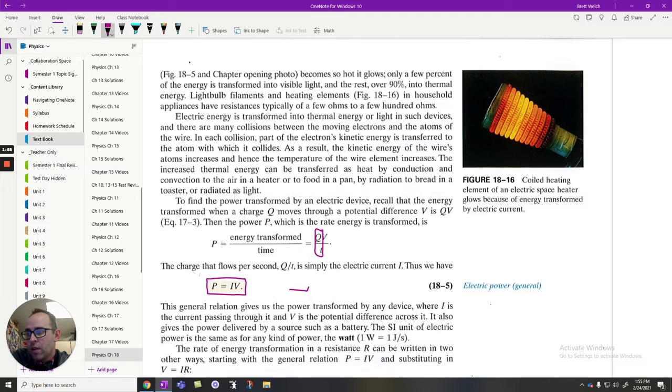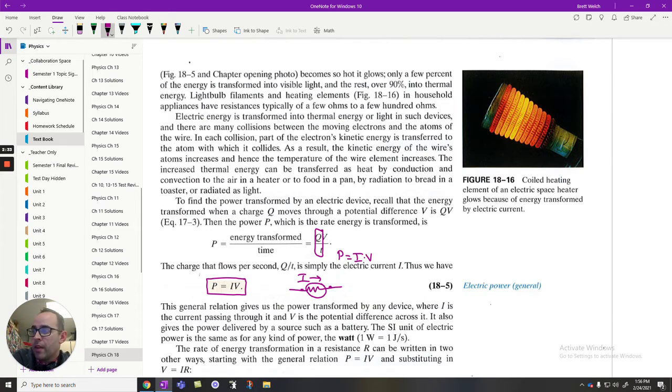Imagine sending some current through a resistor: the power consumed in that light bulb or computer or heater equals the current I sent through times the voltage lost as I go through that device. Maybe I had 12 volts to start, and as I got through that specific light bulb, I'm down to 8 volts. I used 4 volts going through there, or my potential difference was 4 volts, and if the current was 1 amp, I'd say I used 4 watts.